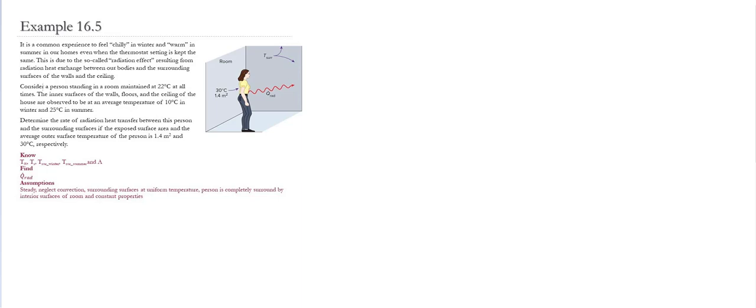For this case, we're going to assume steady state conditions. We're going to neglect the effect of convection. We're going to assume that all the surfaces are maintained at a uniform temperature. The person is also completely surrounded by the surfaces of the room, and we're going to take all the properties to be constant.